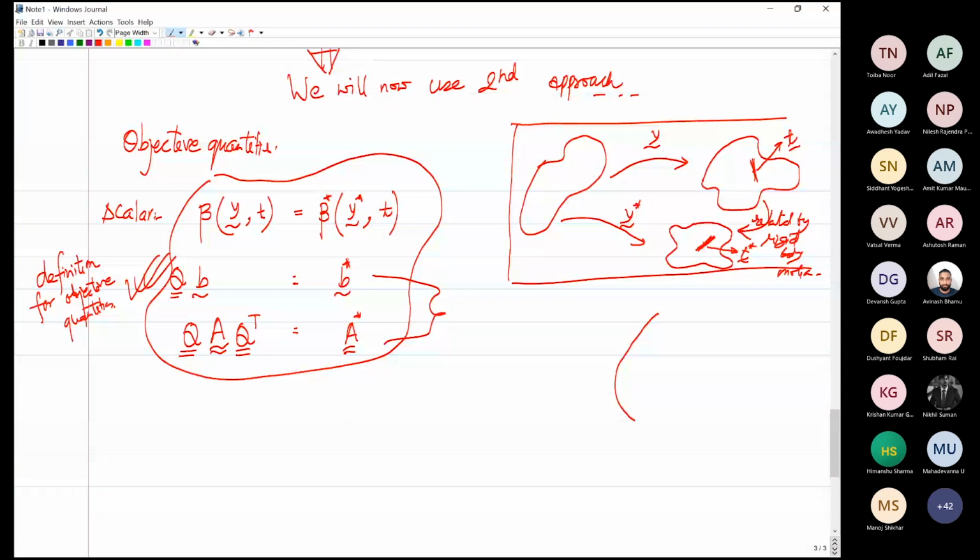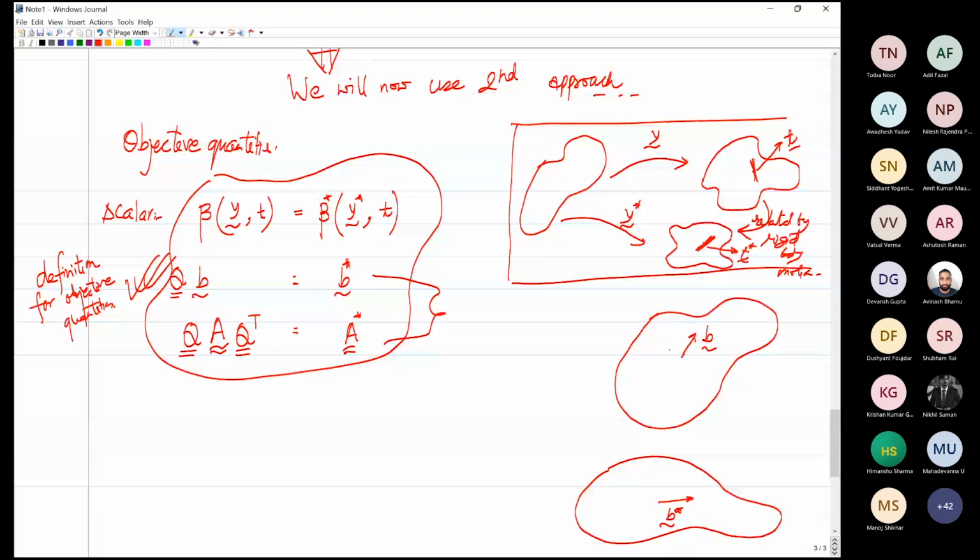If you measure the components of b in a body fixed frame, think of a body fixed frame here, and here also you have the body fixed frame.